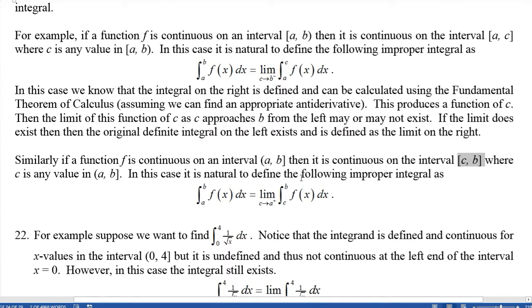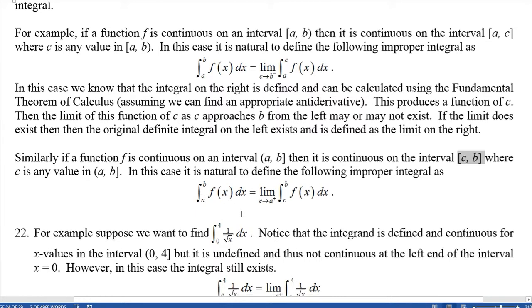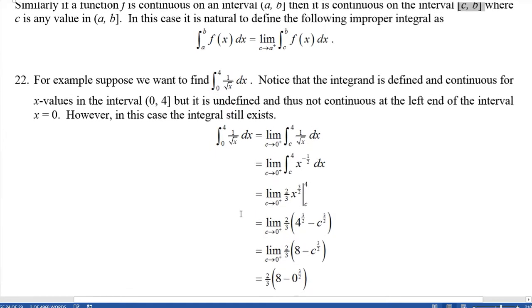We integrate, replacing the lower end a with c, and then the integral from c to b of f of x dx does exist, and then we take the limit of that as c approaches a. This time c is above a, so we're approaching a from the right side. And once again, if that limit exists, then this improper integral converges, and we've got it. It works out. So let's take a look at what this does here.